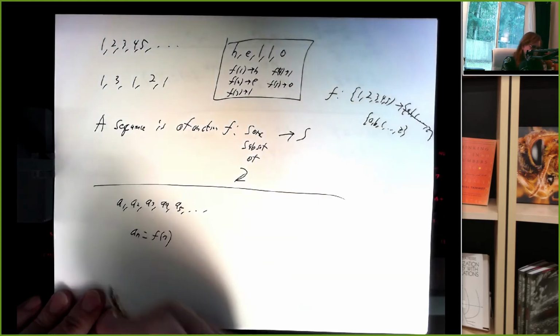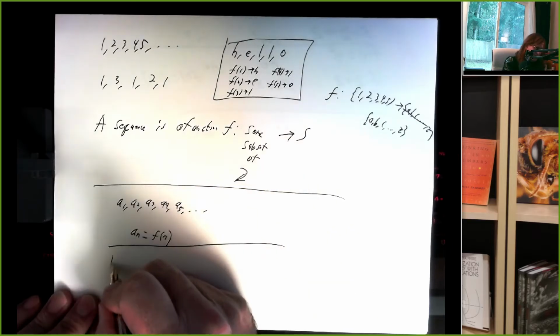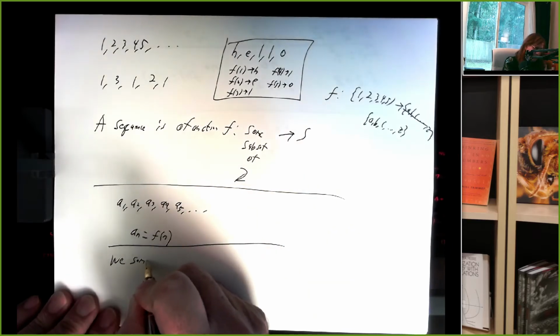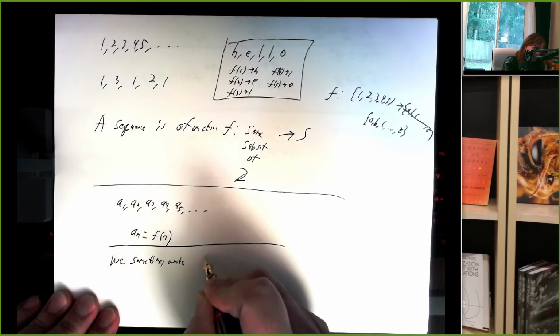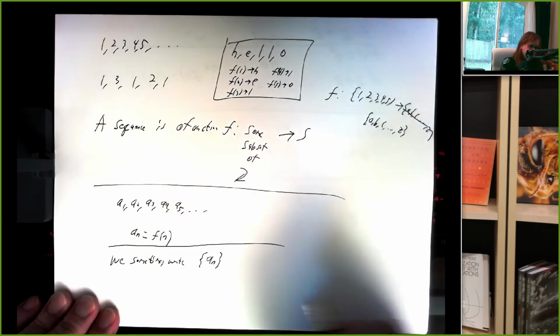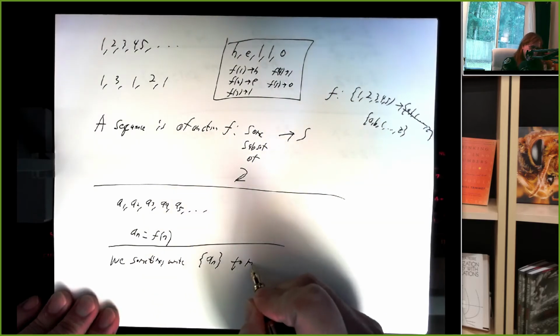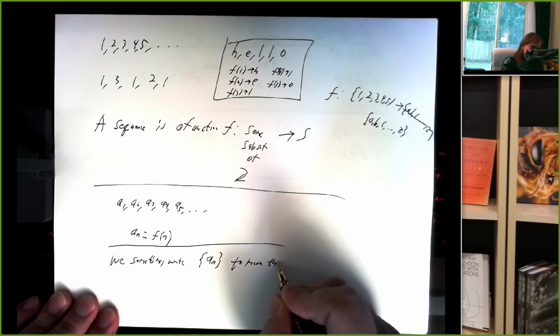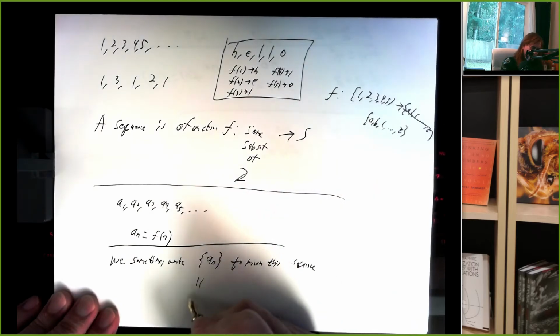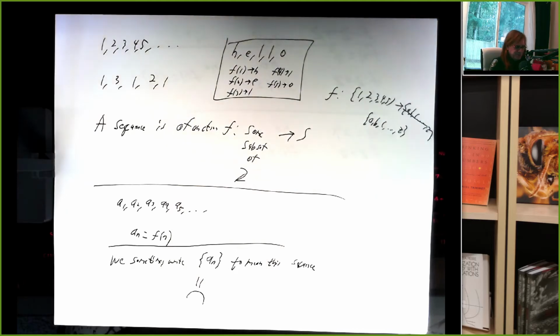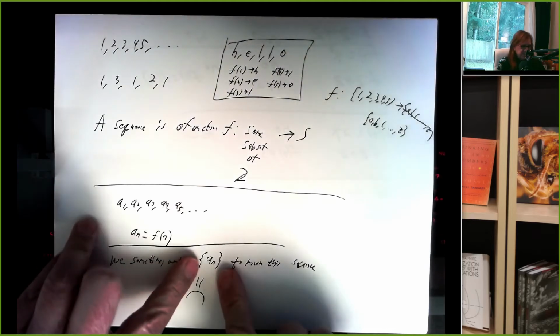So here's some unfortunate notation. Sometimes we'll write curly bracket A subscript n to mean this sequence. And that's an unfortunate abuse of notation, because this makes it look like a set.